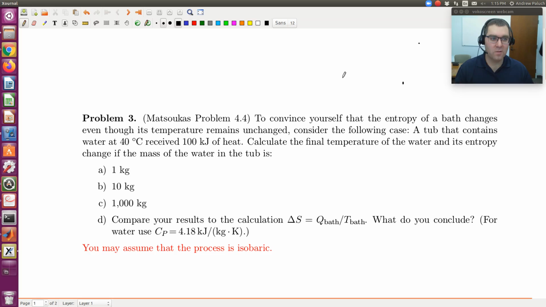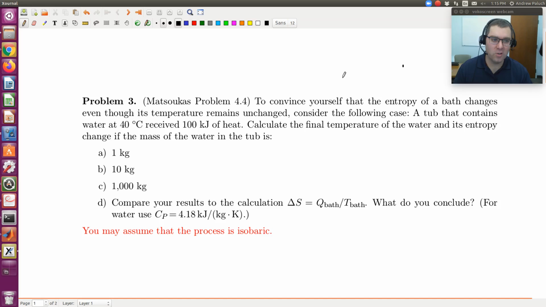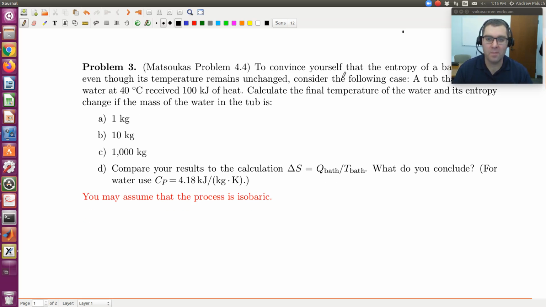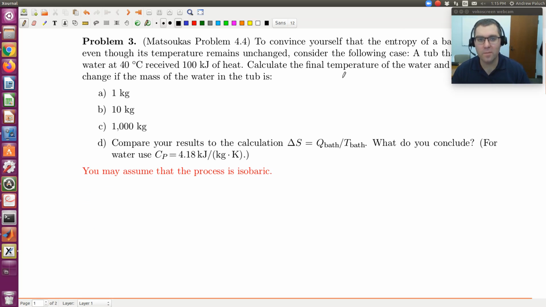So the problem words it as, show that even though for a bath the temperature remains unchanged, the change in entropy isn't. But this is also good because we can get a sense for how we're able to consider something a bath. Once the mass gets large enough, that change in temperature is going to be negligible.